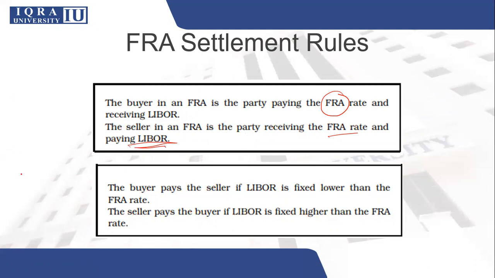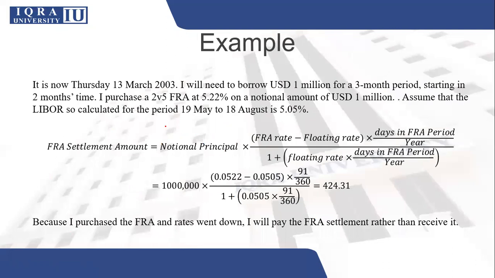So it's simply the same thing that was happening in swaps, that you saw that when the floating rate was going up, the person who is supposed to pay floating will have to pay the person who's going to receive the fixed. So do not get confused because of this. We can just figure it out through the question itself. For example, it is now Thursday, 13th March 2003.